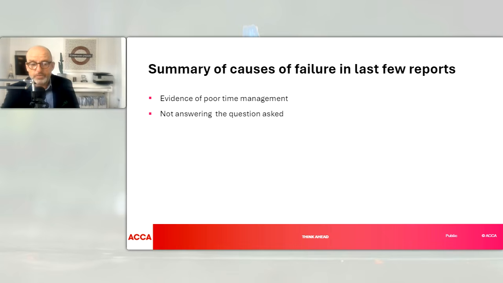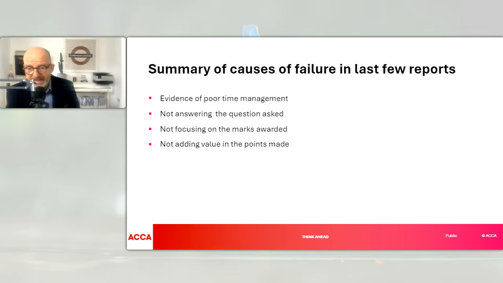As in the last report, people didn't answer the question asked. They didn't focus on the marks awarded and didn't add value in the points made. These crimes are committed in every single SBL exam. So we need to do something about it. I'm going to briefly talk on how we can make sure we don't suffer under each of those headings.